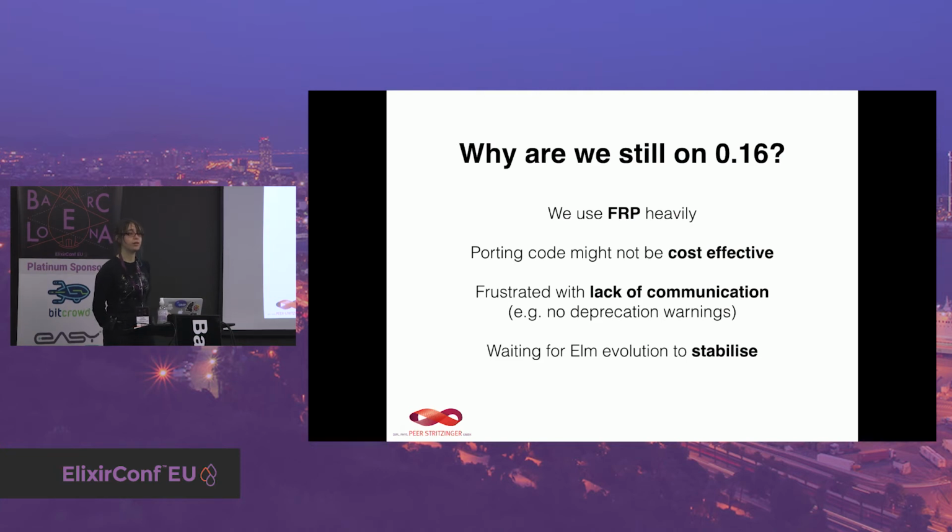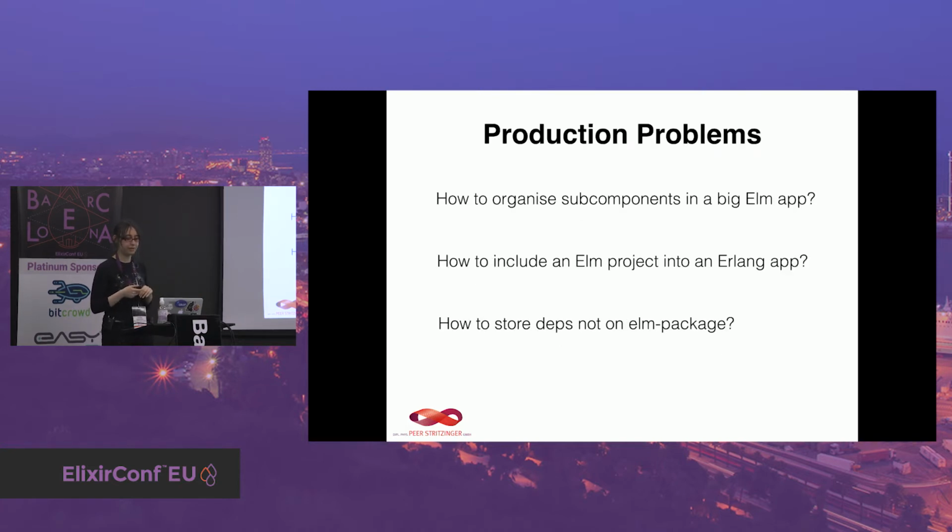So porting code would cost money that we don't really want to get the client to pay for. And also, we were a bit frustrated with the lack of communication because there weren't any deprecation warnings. There was a brief beta version, and that was it. And it was too late for us to change direction. So we're waiting for Elm Evolution to stabilize, coming back maybe in 1.0 and see how it is.